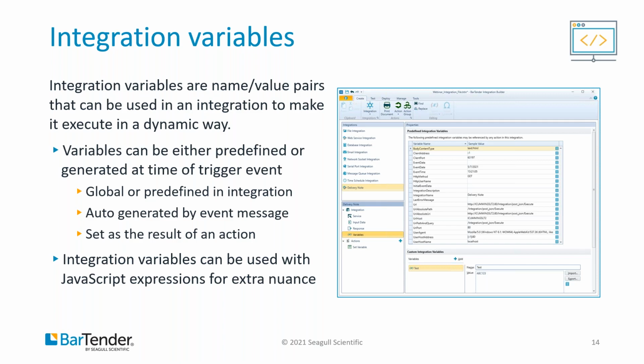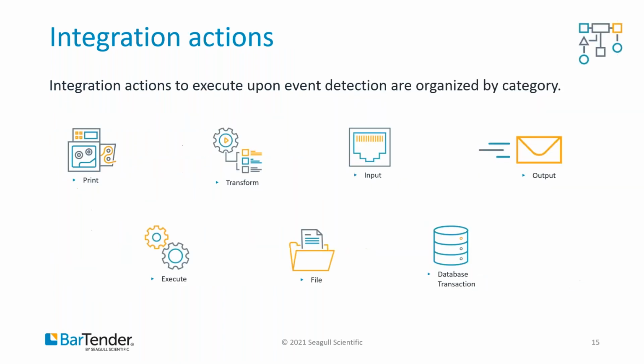Also with variables, we can run what are called integration variable expressions. And this actually makes use of JavaScript and provides extra nuance and extra function on how you make use of those variables. And I'll be showing you how that is done later.